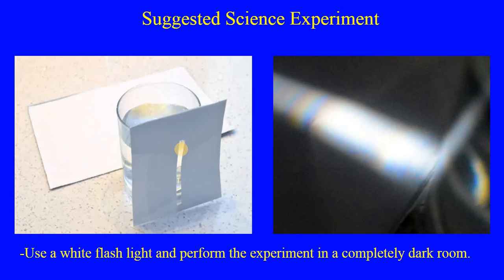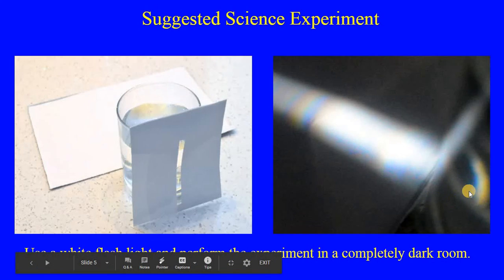Now the key is, you're going to put that flashlight right here and shine the light through it. As the light goes through, the water is going to act like those water droplets and separate the light into the separate colors. And this is what you're going to see. You can't see the flashlight because of the darkness, but it's right here behind me, and I'm shining it through here.